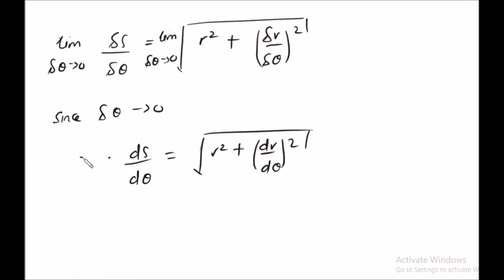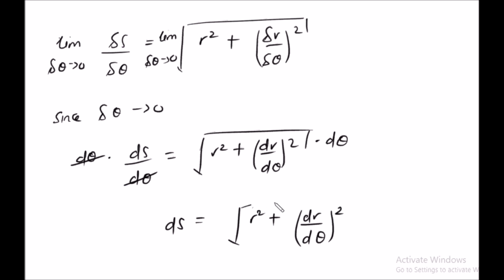So times by d theta huku na huku, you can see that ds itakuwa sawa na square root of r squared plus (dr/d theta)^2 times d theta.